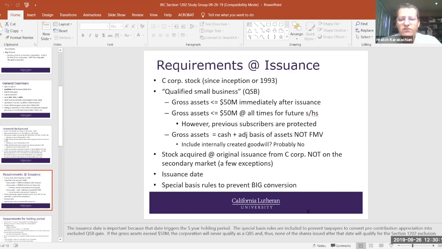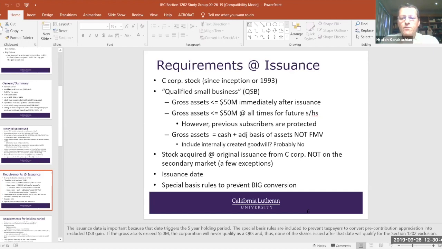So if you have a low basis, high value asset that is contributed into an entity, for the 50 million test, you calculate the 50 million, and now the calculation is based on the adjusted basis, which is the low basis.